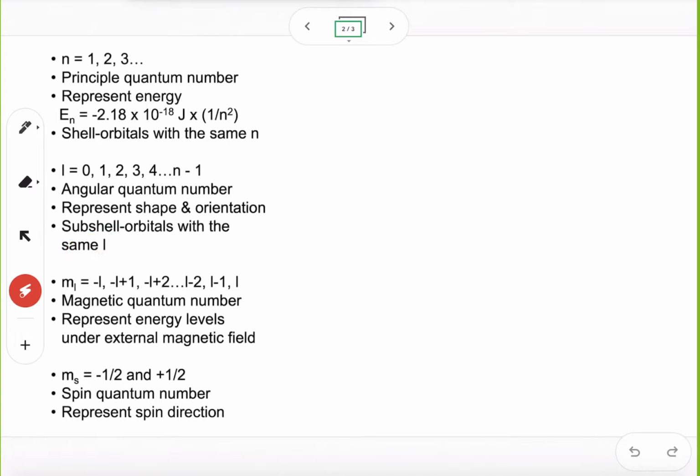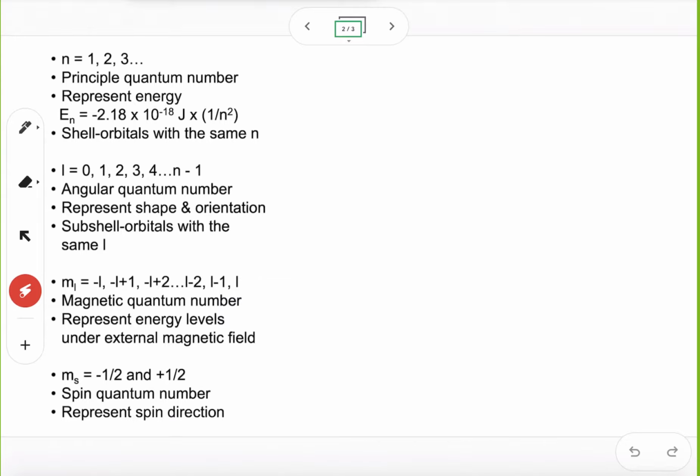The next quantum number is magnetic quantum number. We use ML to represent magnetic quantum number. Here again, the value of ML is defined by l, the angular momentum quantum number. That is from negative l, negative l plus 1, negative l plus 2, and you keep adding 1 until you reach l minus 2, l minus 1, and l.